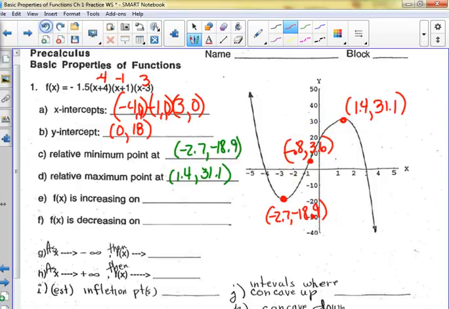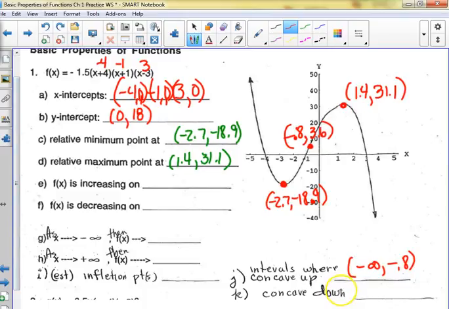All right. Now, what do we use that inflection point for? The only time you use it is concave up and concave down. So where is this concave up? Happy. To the left of that point, right? So -infinity until -0.8. And it's concave down to the right of that.